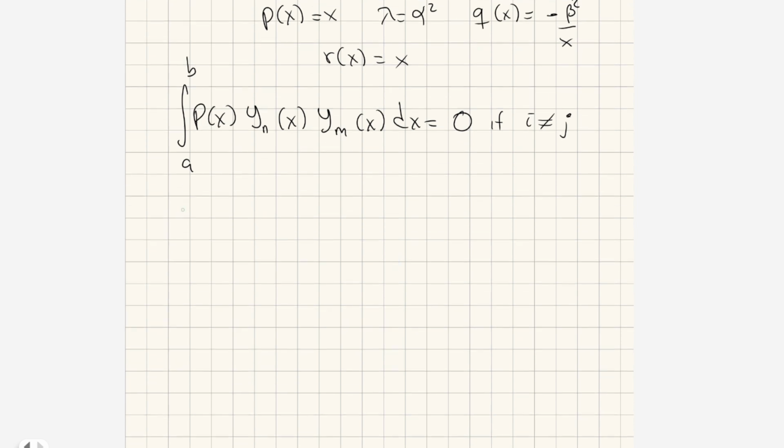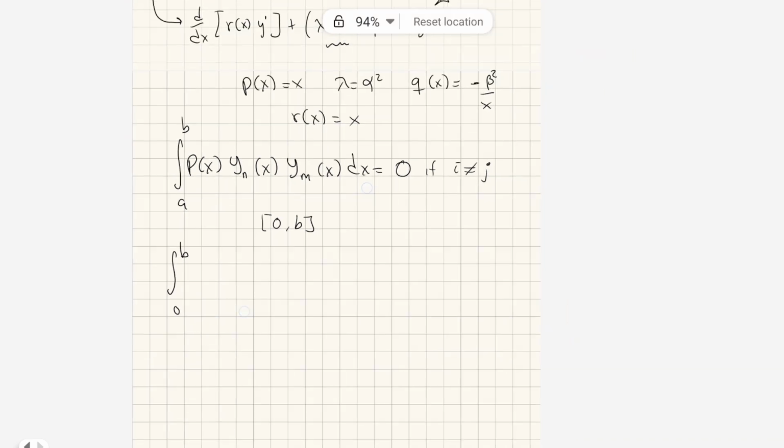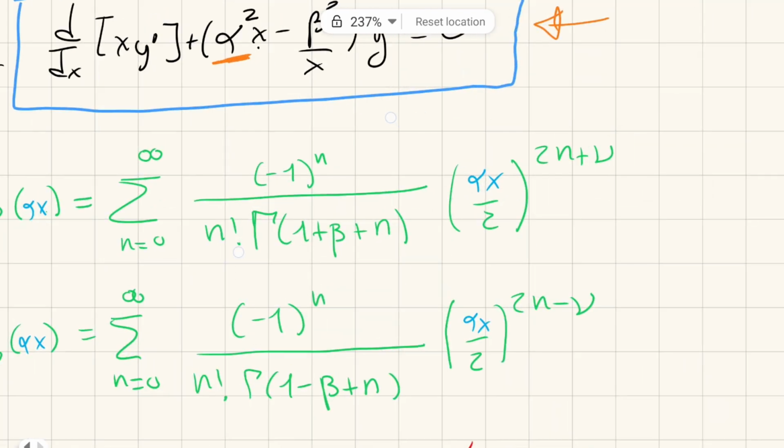So in that case, looking at the interval of definition that I didn't mention is the closed interval 0, b, we are going to take the integral from 0 to b of p of x that we mentioned. It is this x right here.